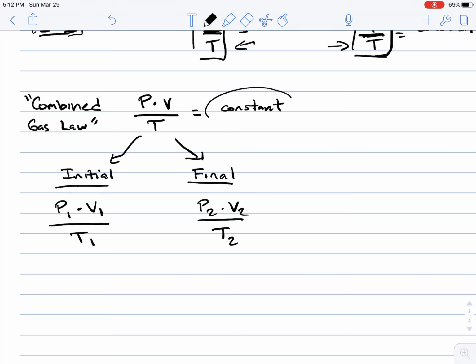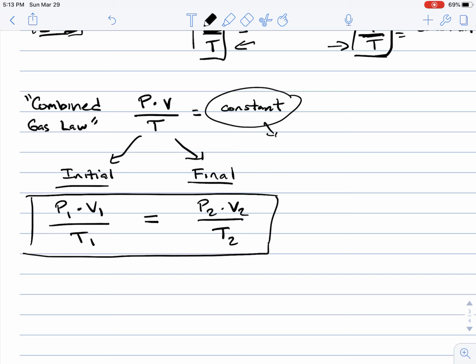Once again, this constant is the same in all scenarios, so we can make them equal to each other. That gives us P1 times V1 over T1 is equal to P2 times V2 over T2. And so this mathematical equation is commonly known as the combined gas law.